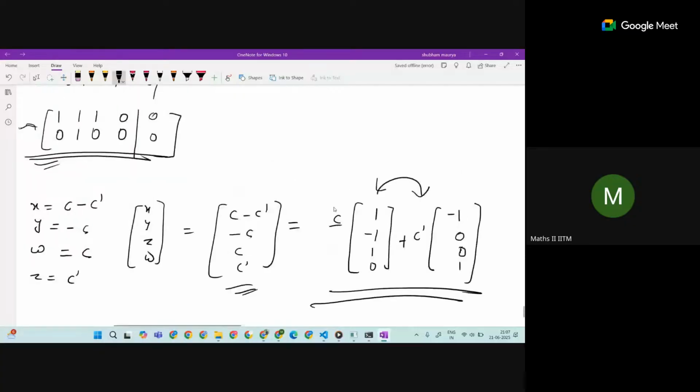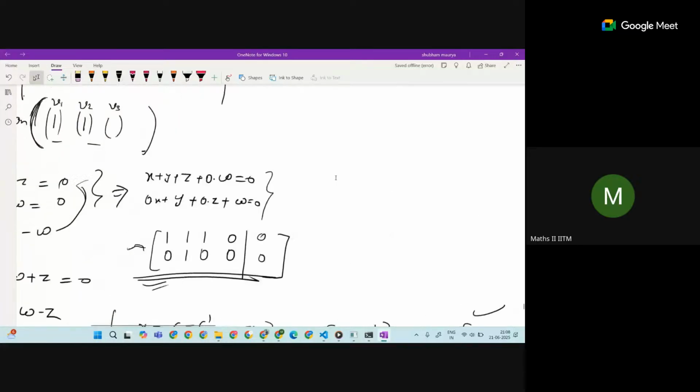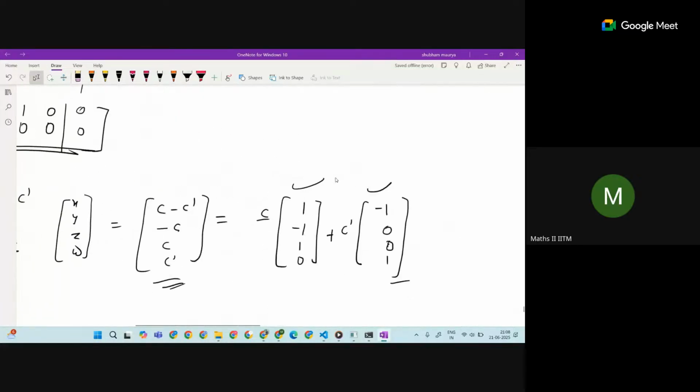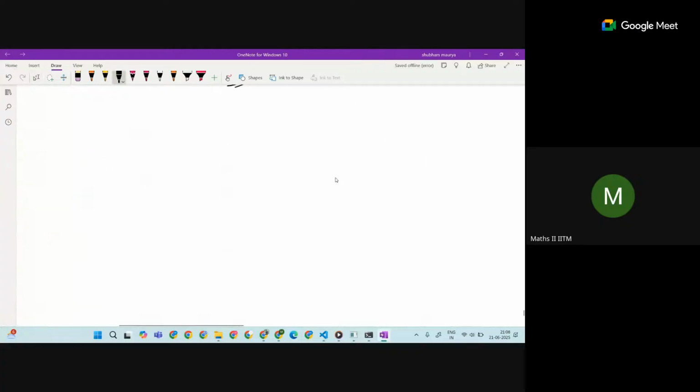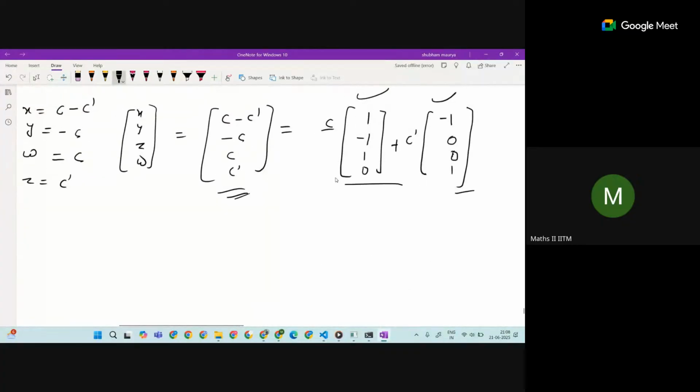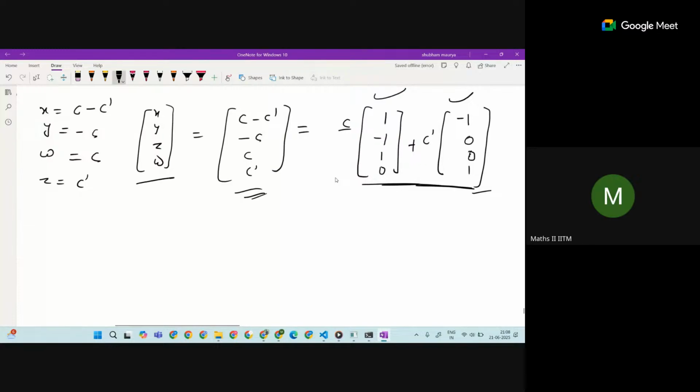Now if you see, this is a vector, and this is a vector. If you check, this vector satisfies this equation, and this vector also satisfies this equation. All solutions can be generated by these, because your x, y, z, w is in this fashion only. This is a linear combination with c and c prime real numbers.